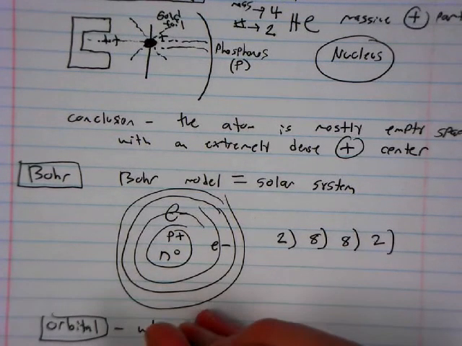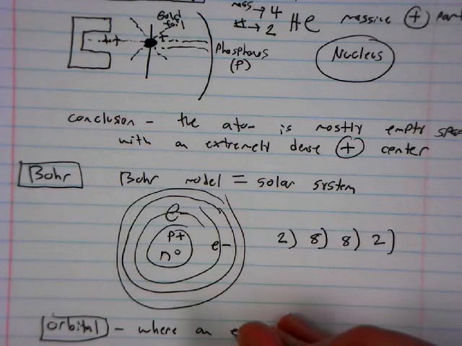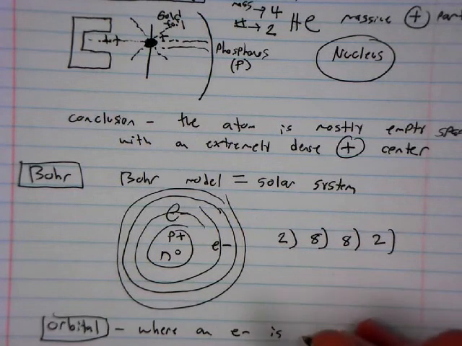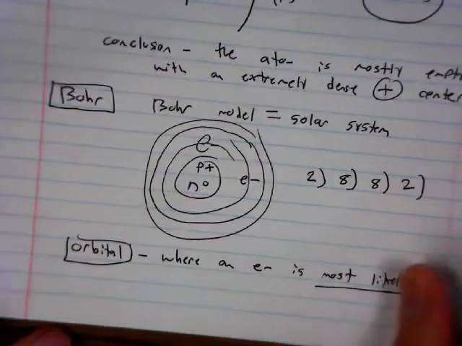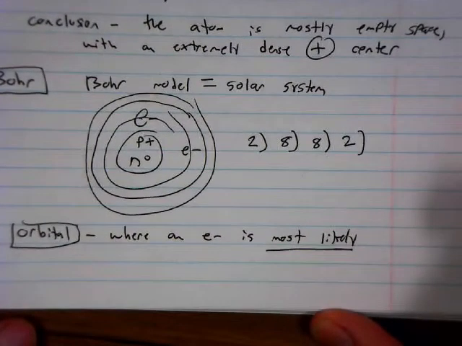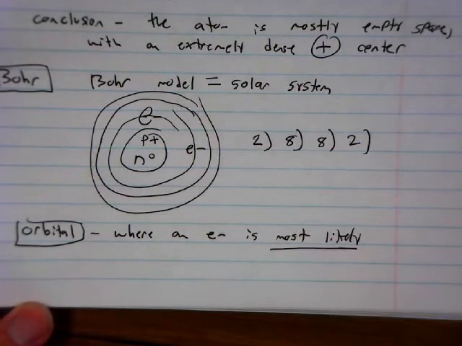And those rings are also called an orbital. An orbital is defined as where an electron is most likely.